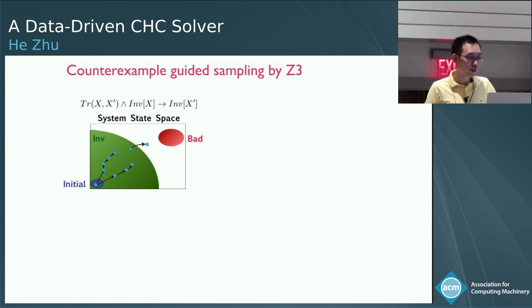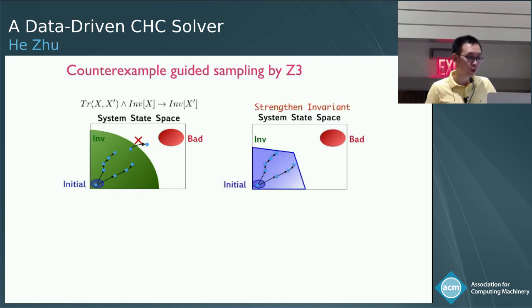The intuition is that each tree in the forest of positive samples corresponds to a valid, more importantly, bounded sampled program execution. If the counterexample has no connection with the existing positive samples, we tentatively treat it as a negative sample. We strengthen the invariant by removing it from the invariant side.